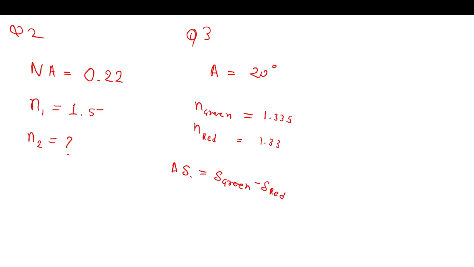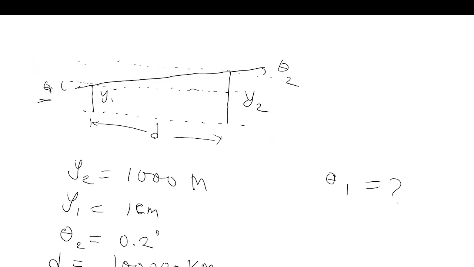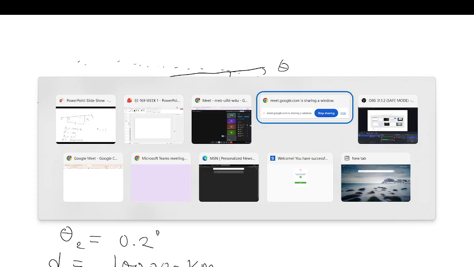Okay, so these are two questions, and the first question I already gave to you. I'm not able to write on the screen, so are you able to understand or not?